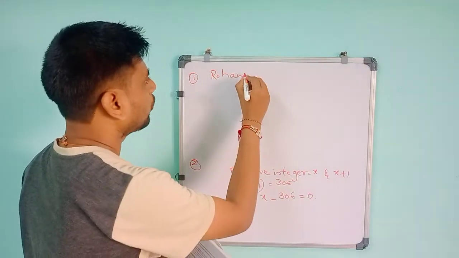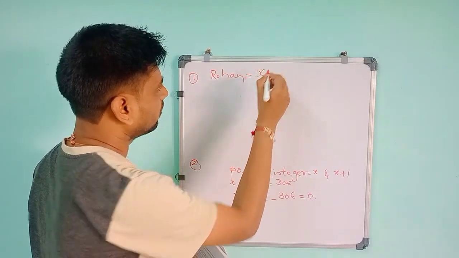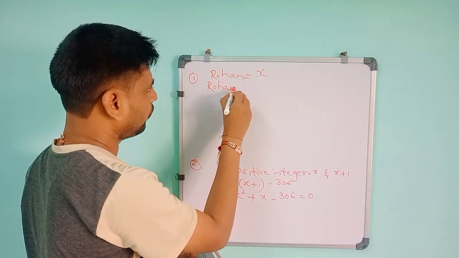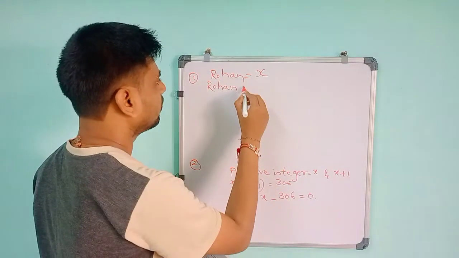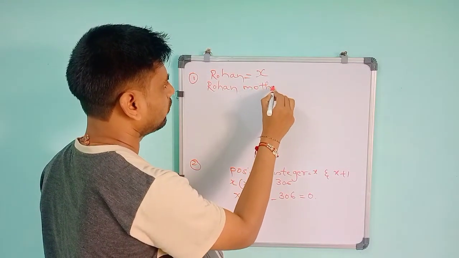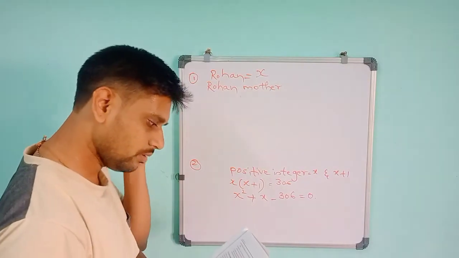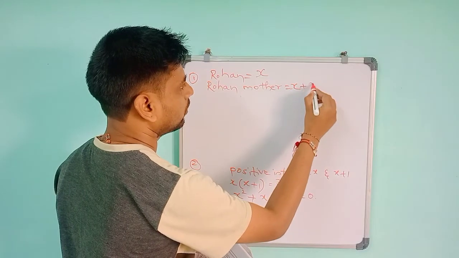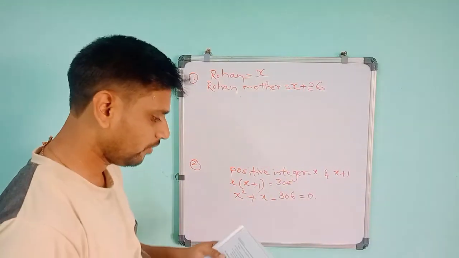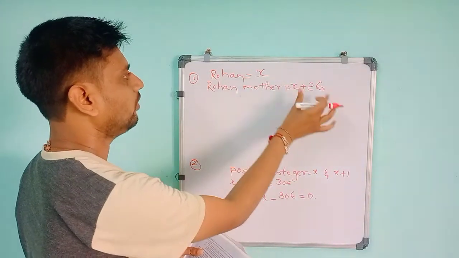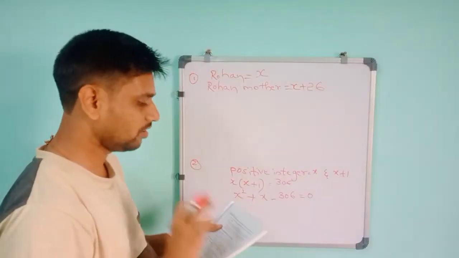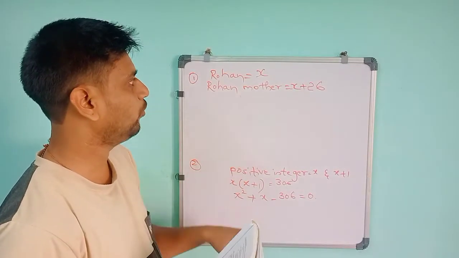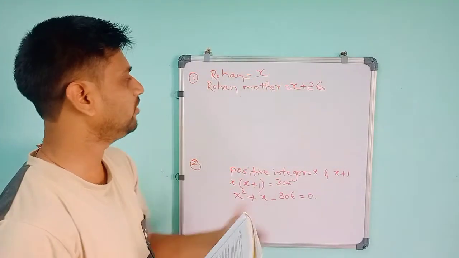So Rohan's age you take as x, then Rohan's mother is x plus 26. Then what they have given? The product of their ages. Product means this one into this one, of their ages. But see the question directly: the product of their ages, but they have given 3 years from now. 3 years from now means it is now x, then 3 years means x plus 3.